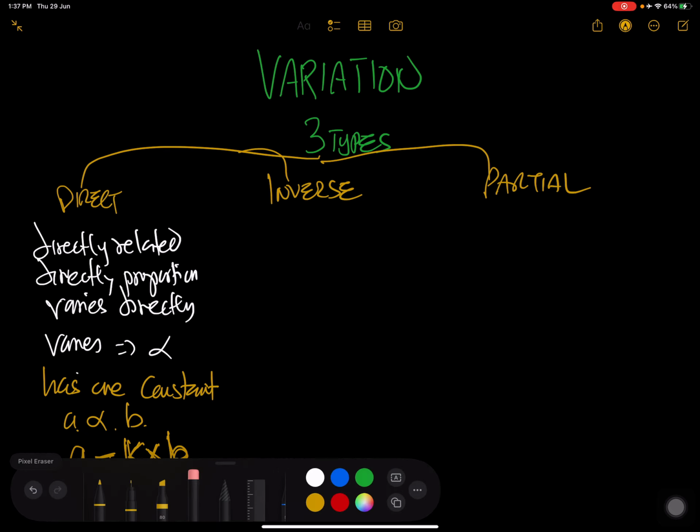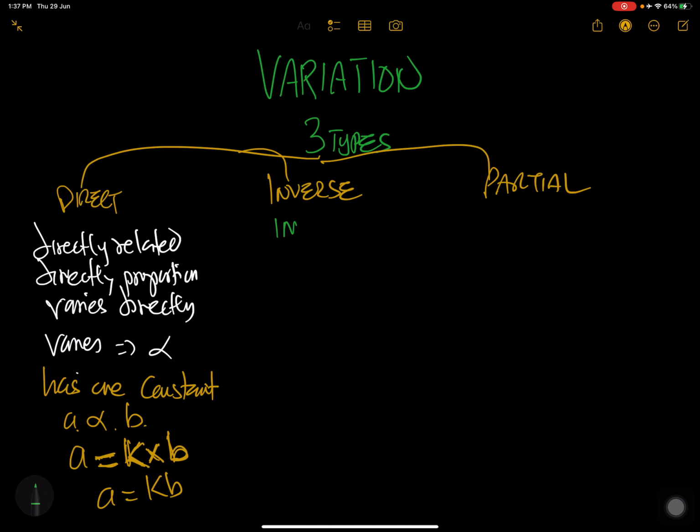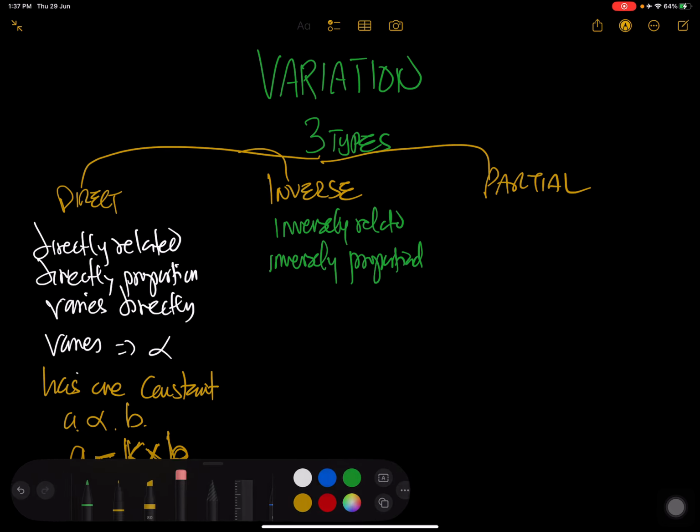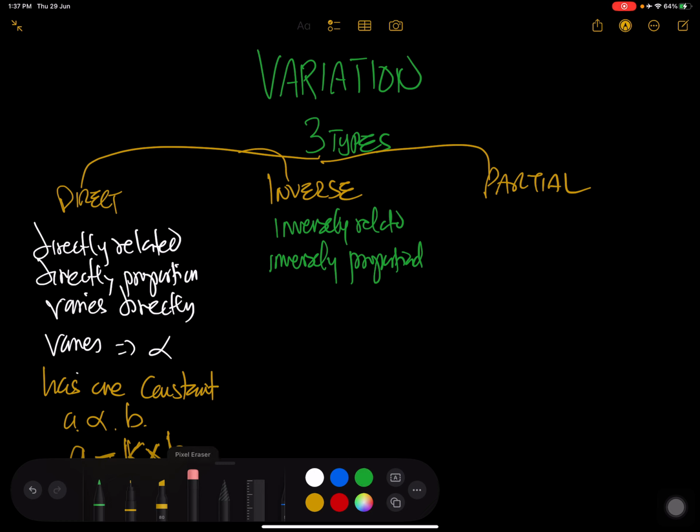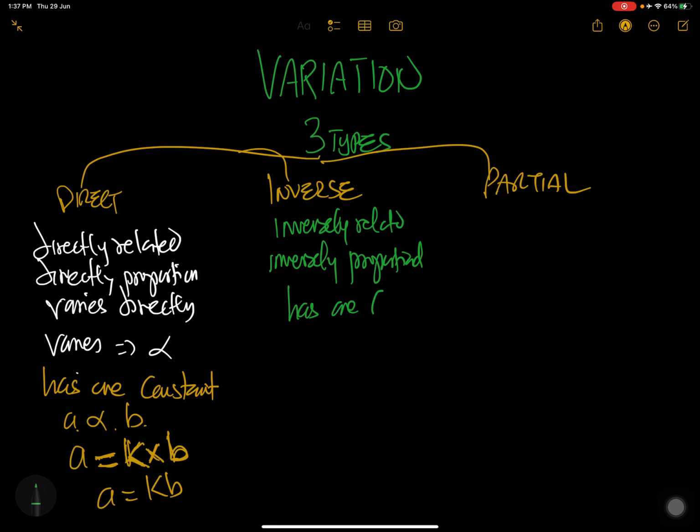Now, on the other hand, if we have an inverse, you hear the words inversely related, or inversely proportional, or it varies inversely. It also has one constant, but it's going to be with a fraction.